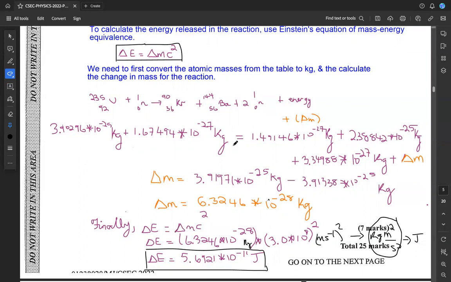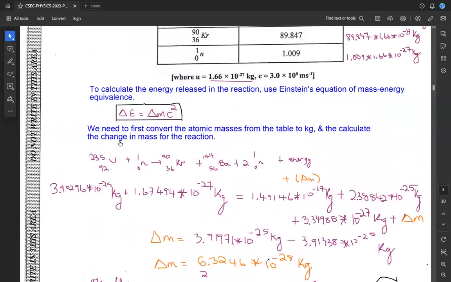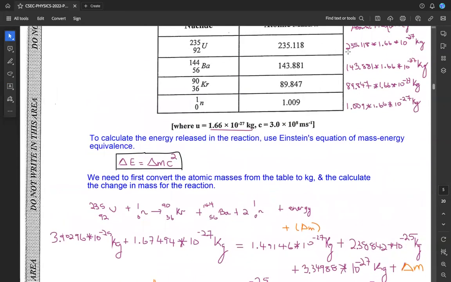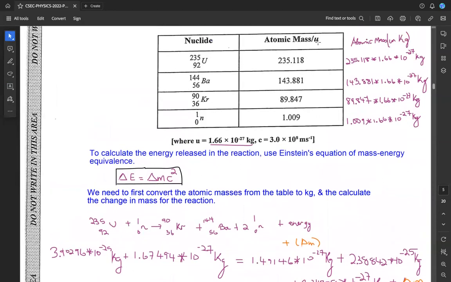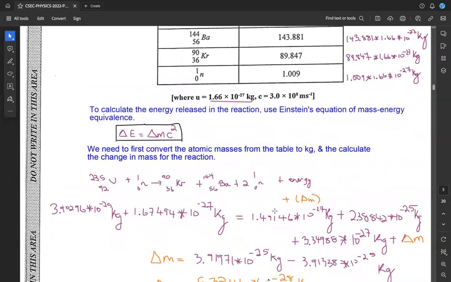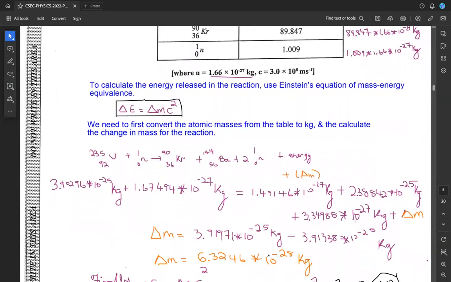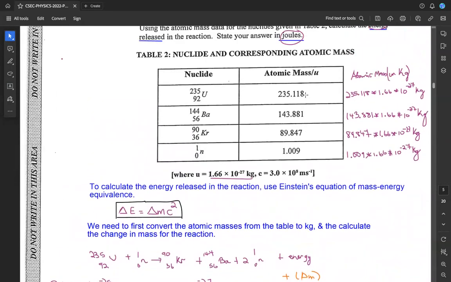Now, one last thing I want to say about this is that I went through the effort of converting all of these individually to kilograms. What you could also do alternatively, you could just use the u as it's given to find the mass defect. So you'd find the mass defect in these u units, right?